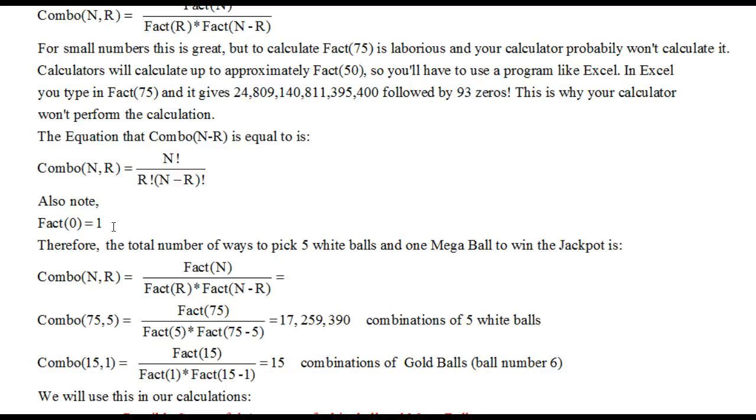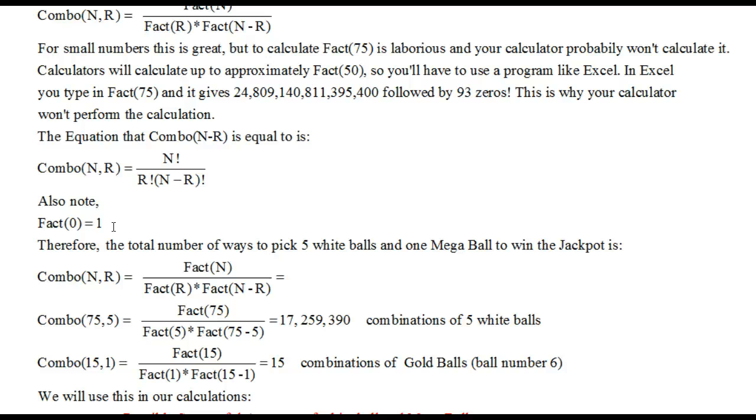And 5 is the number of different balls that we have to choose from numbers 1 through 75. Okay, so if I begin choosing numbers from 1 through 75 until I pick all of the numbers, how many combinations will I have? Well, this equation gives you that information.